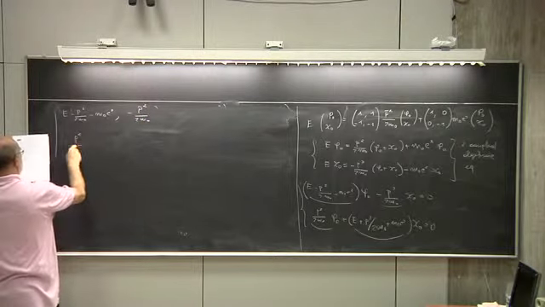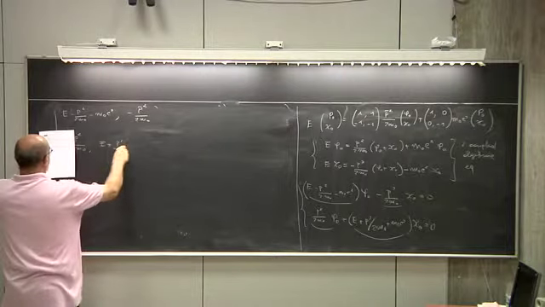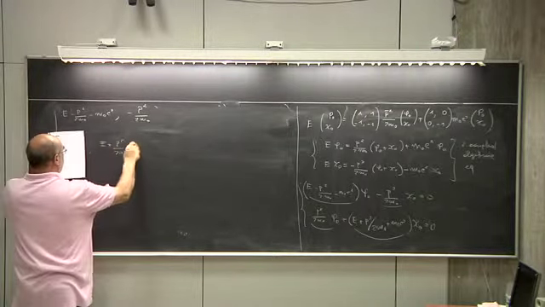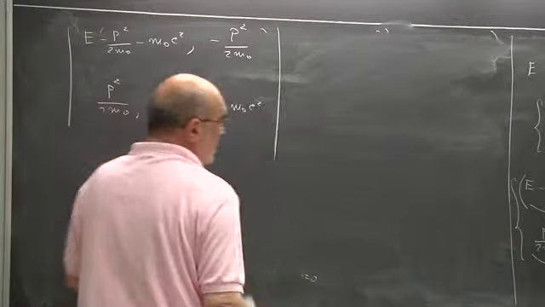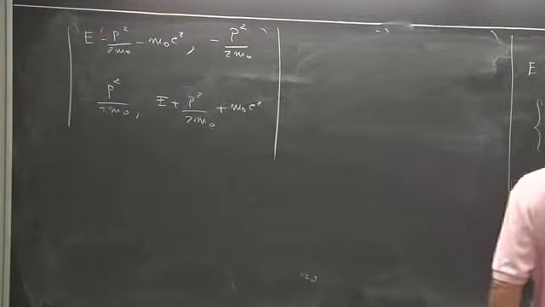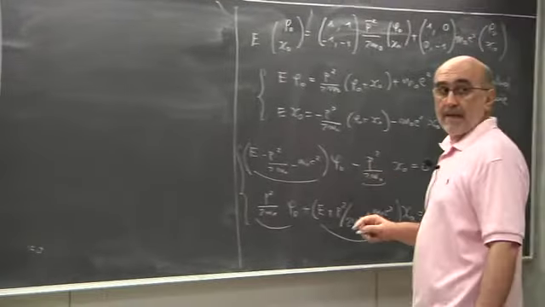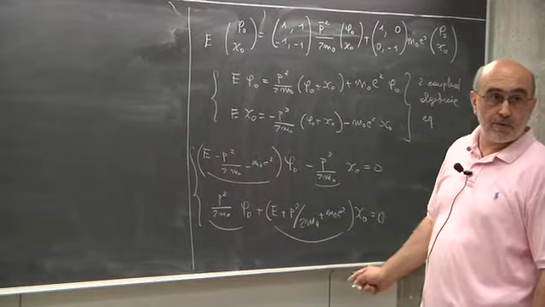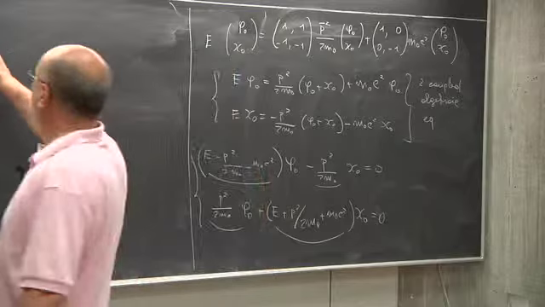Take the determinant of the coefficient, and the determinant must be 0. Otherwise, you don't have a solution different from the 0 one. So for sure, if phi 0 and chi 0 you put equal 0, it is trivially satisfied. If you ask, when is this a solution different from 0, 0? When the determinant of the coefficient is equal to 0.